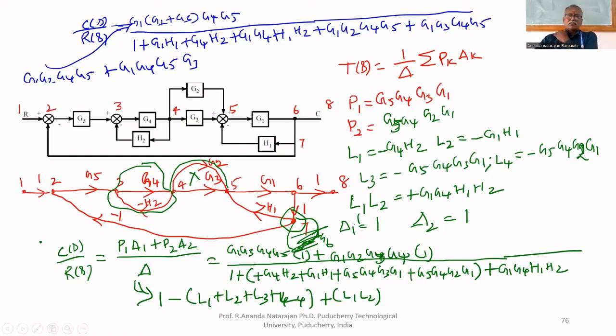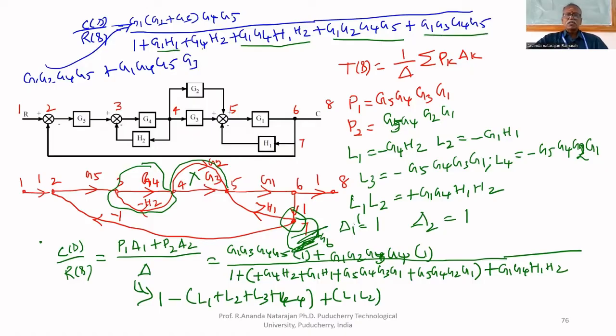If we check with the block diagram reduction method, G1, G4, H1, H2 is there. G5, G4, G2, G1 is also there. G5, G4, G3, G1 is also there. G1, H1 is also there.